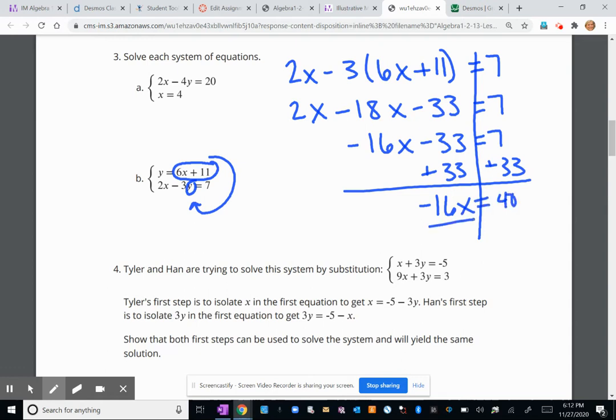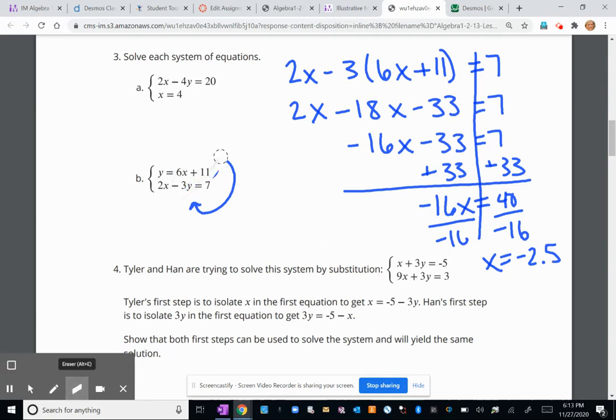And divide by the negative 16. And I get x equals negative 2.5. 40 divided by negative 16 is negative 2.5. So now that I have that figured out, I can use that value for x in either equation to solve for the y.